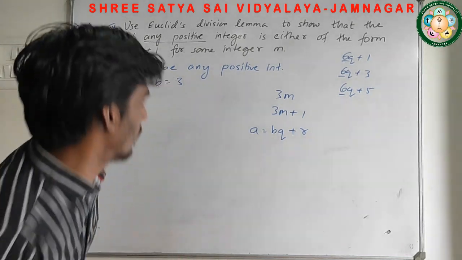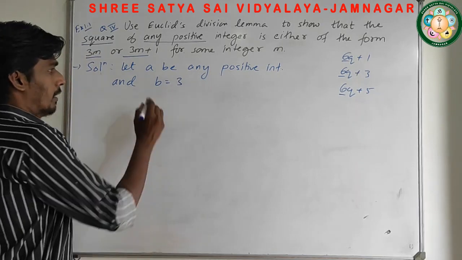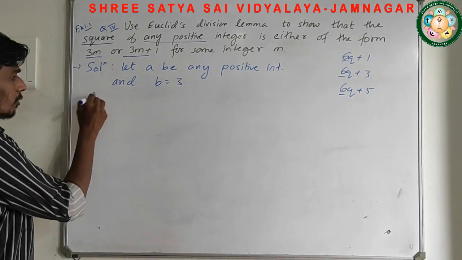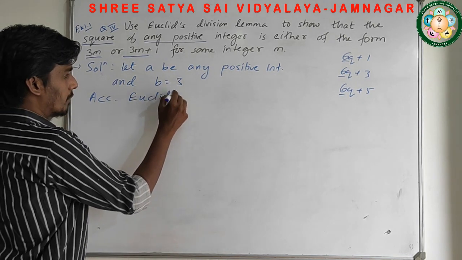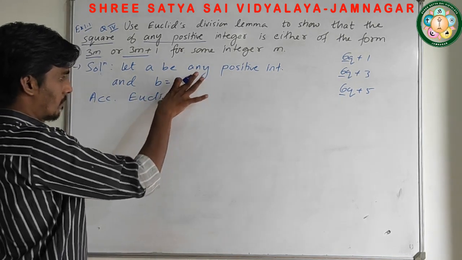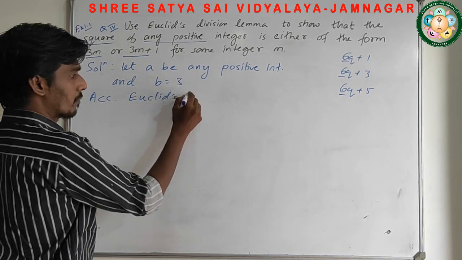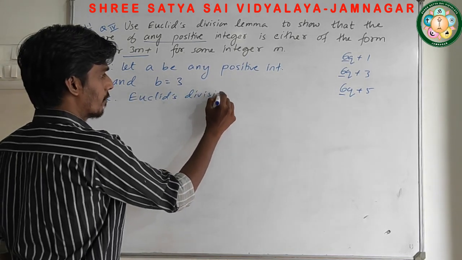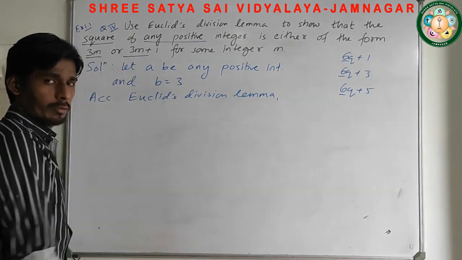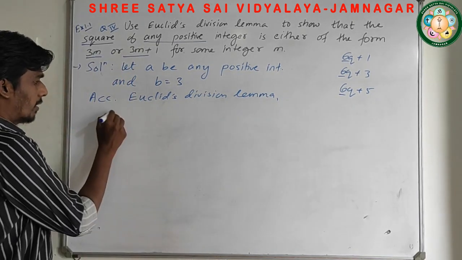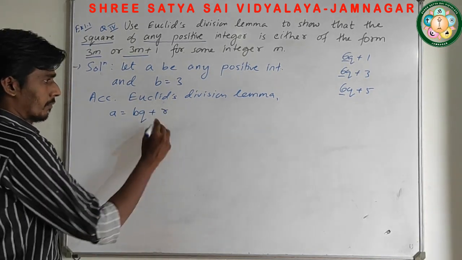Then now if 3 is divisor, then according to Euclid's division lemma, a is equals to bq plus r.